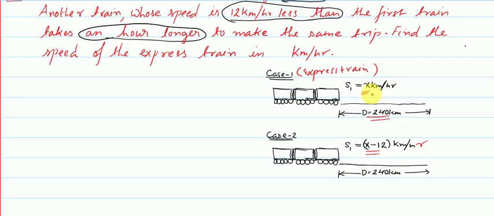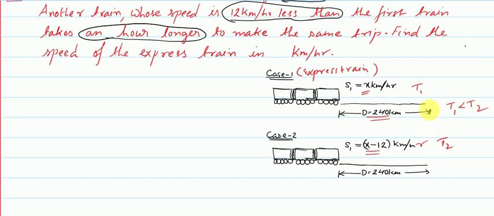the one which is traveling with more speed will take less time. So if I denote t1 as the time taken by the express train, and t2 as the time taken by the other train, then you can see that t1 will be less than t2.